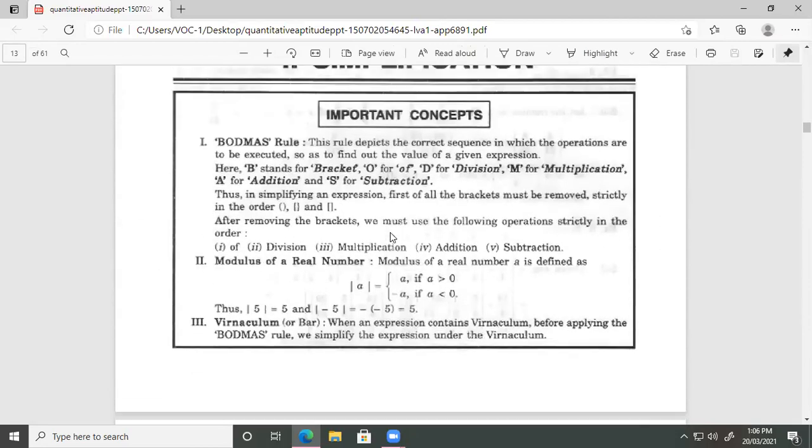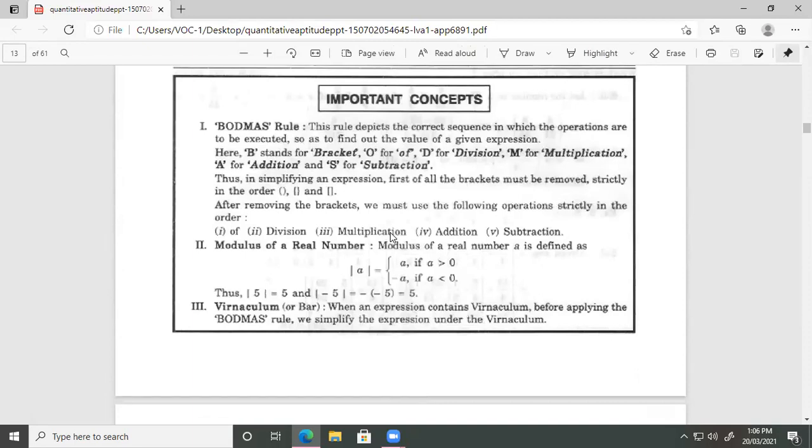So we will take one example of this. We will start with numbers only. First is 5 plus, 4 plus 5 in brackets, divided by 3, multiplied by 2, minus 1.